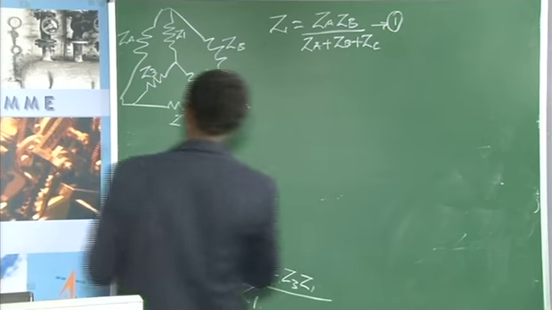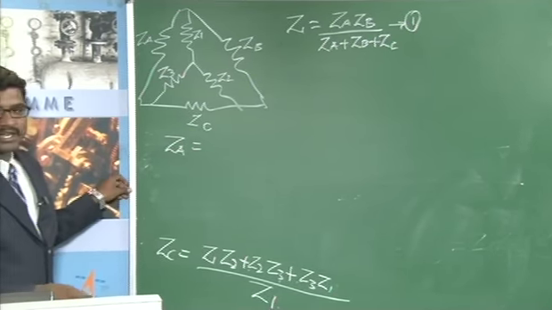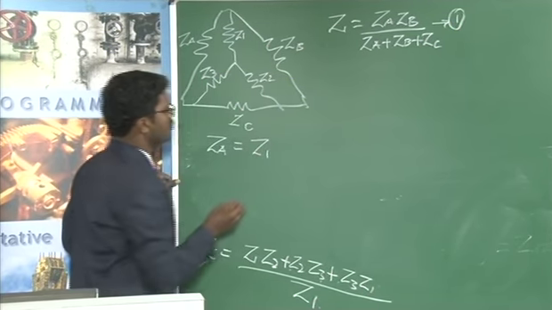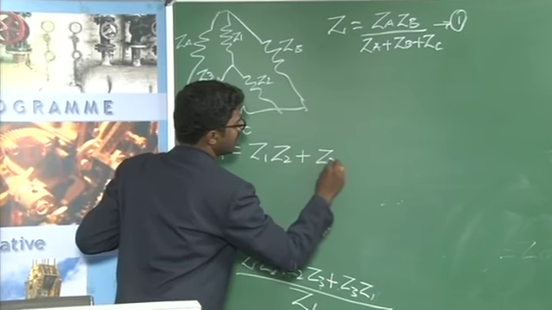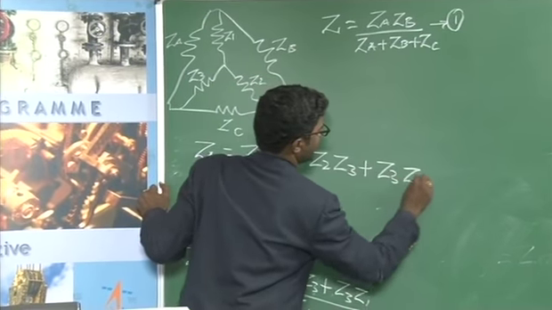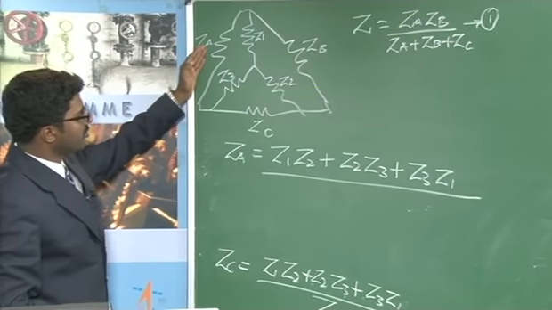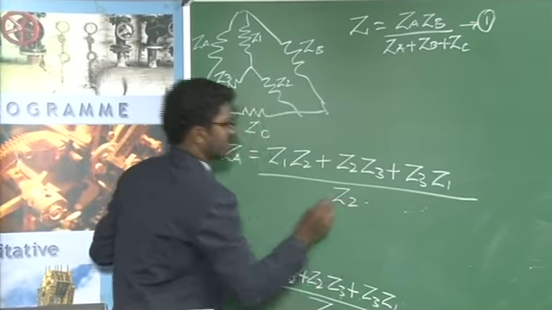Similarly, if you want to find out ZA, the numerator will once again be the same, the summation of the possible two impedance combinations, that is Z1 Z2 plus Z2 Z3 plus Z3 Z1, whole divided by the impedance opposite to ZA, which is Z2. So the denominator will be Z2.